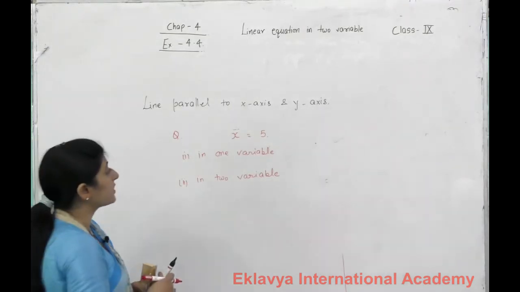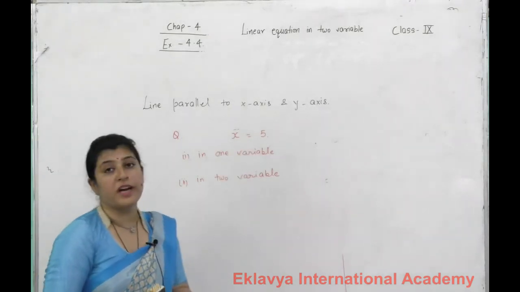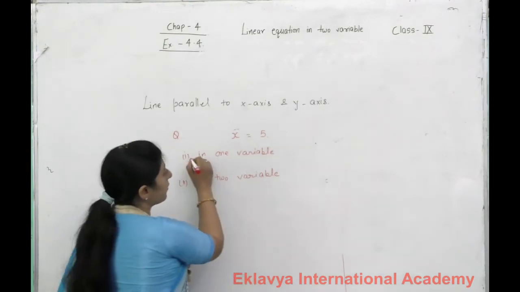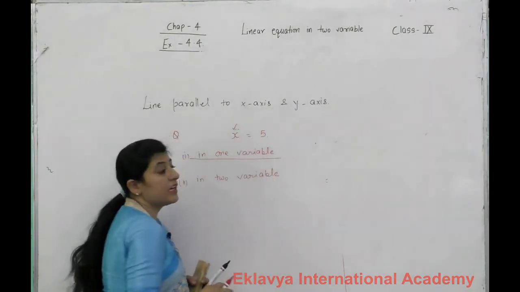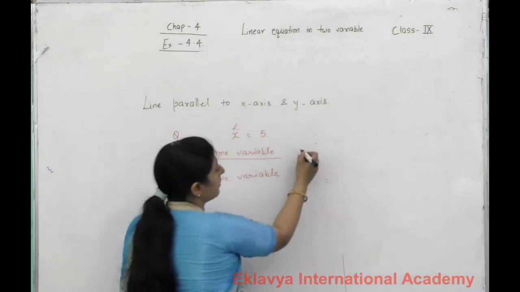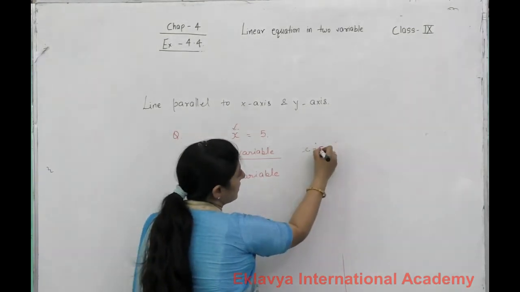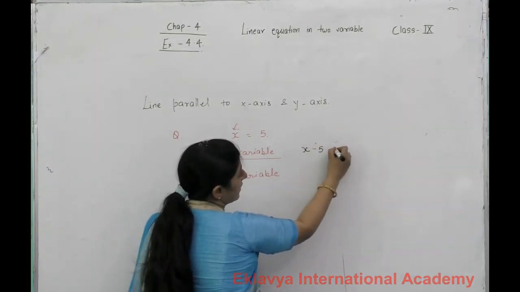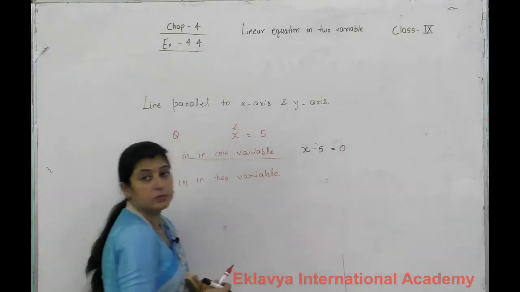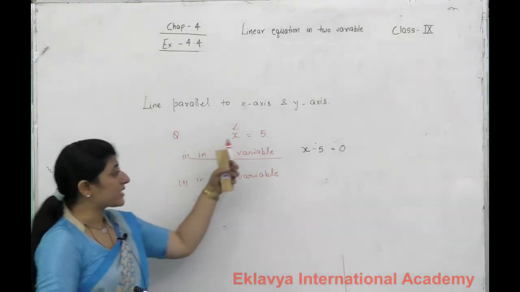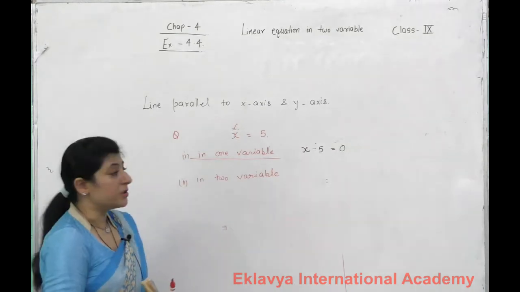How to do it now? See, x is equal to 5. How to represent it in one variable? Already this is in one variable, then we can write x minus 5 is equal to 0.